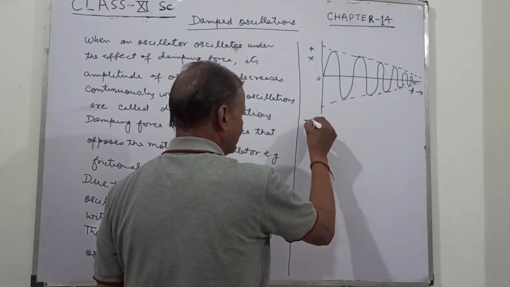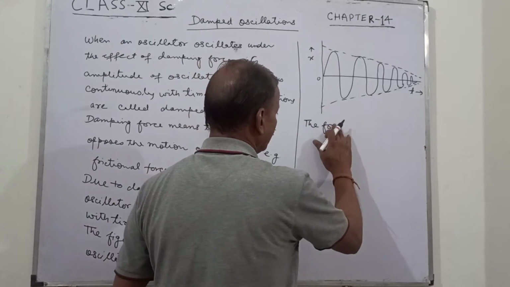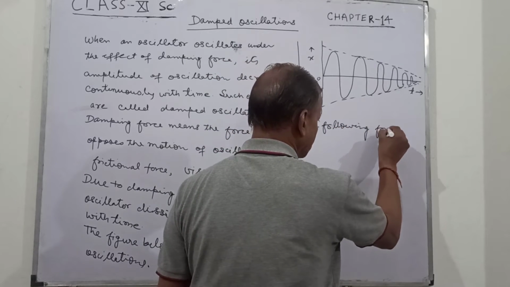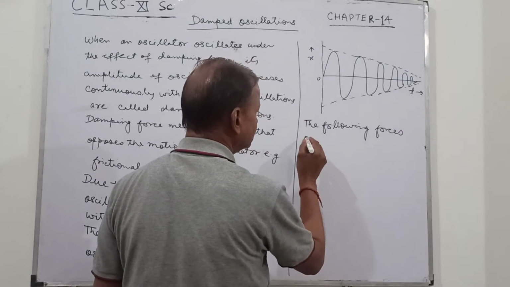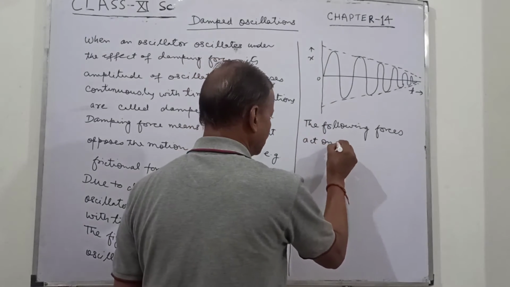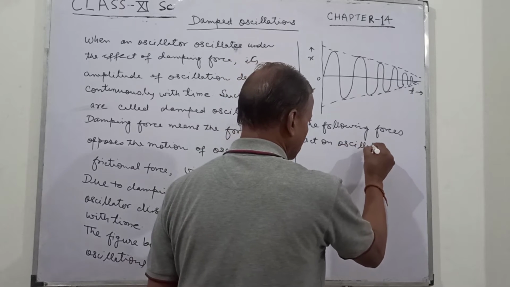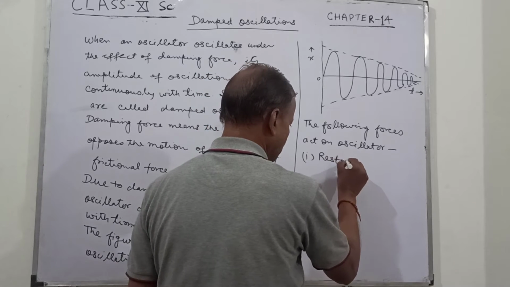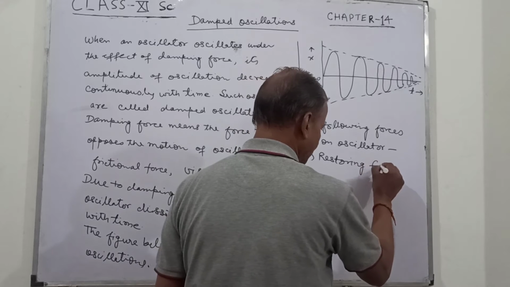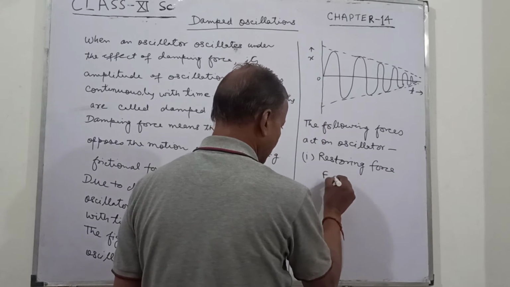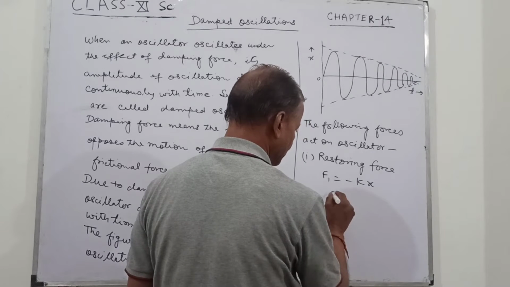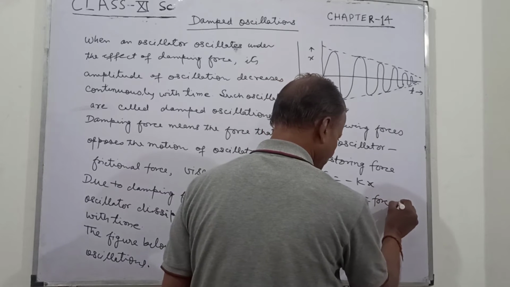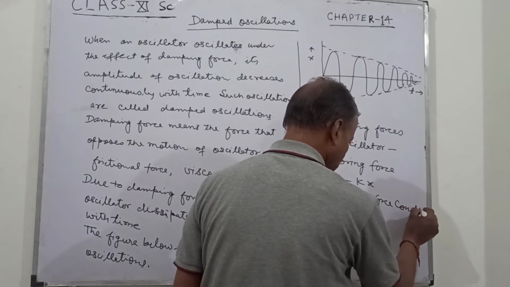So the following forces act on the oscillator. Number 1, restoring force F1 equal to minus Kx, where K equal to force constant.